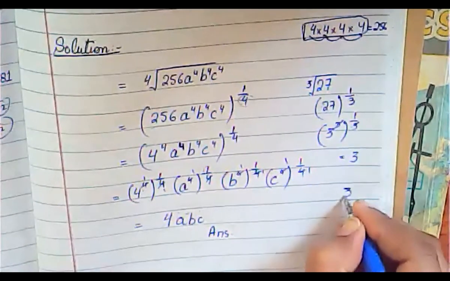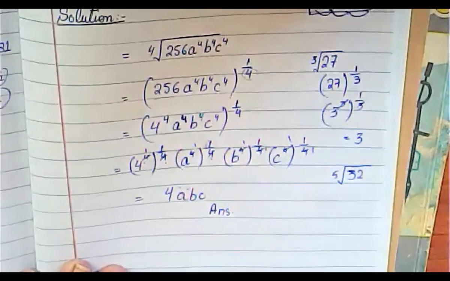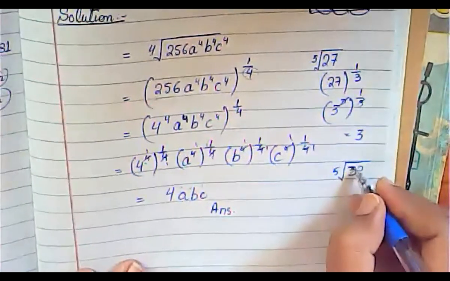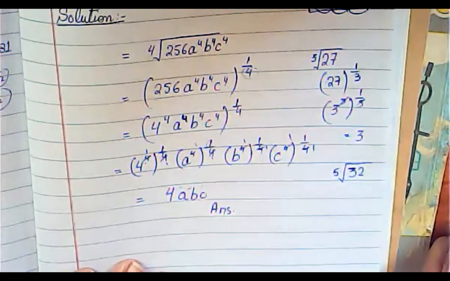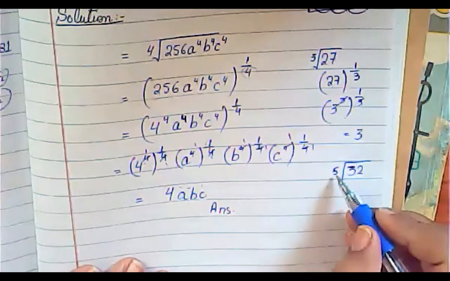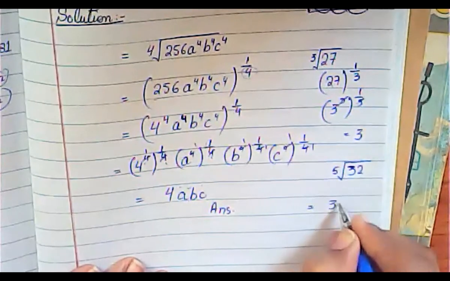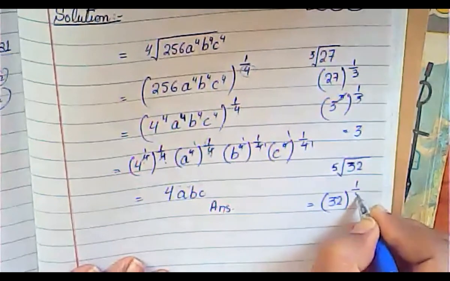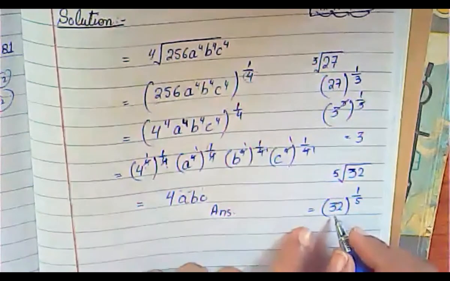Okay, tell me the fifth root of 32. Now tell me the answer of this one. How will you solve it? Very good, Fatma. Very good, beta. You have to take the fifth root of 32. Okay, so you will write here 32 to the power 1 upon 5. Now, how many times you multiply a number for 5 times that your answer should be 32?